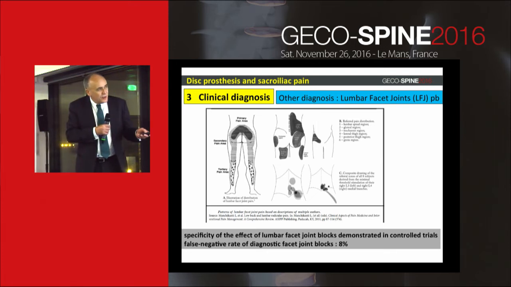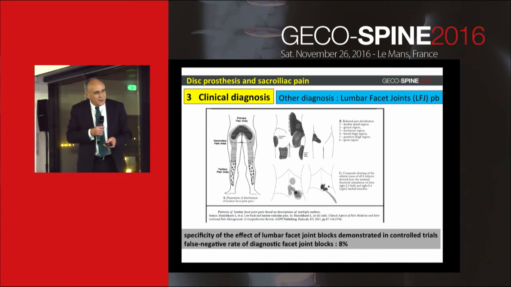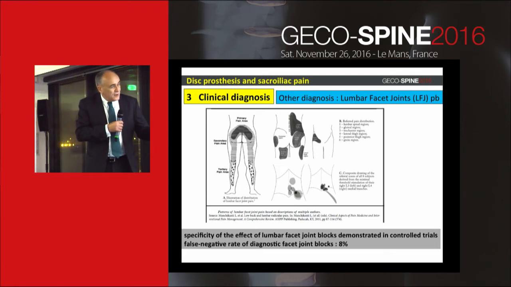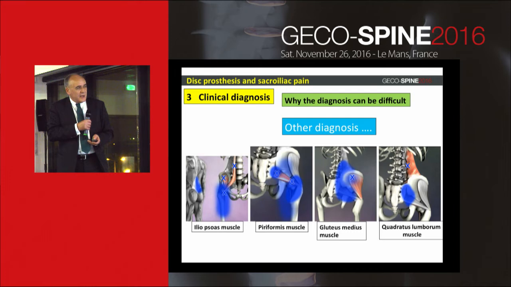Here is a diagram from a book showing the location of what is reported regarding the facet. I was very astonished preparing this paper because you see that the facet, when you do a facet block, you may solve some projected pain very distant from the sacroiliac joint.